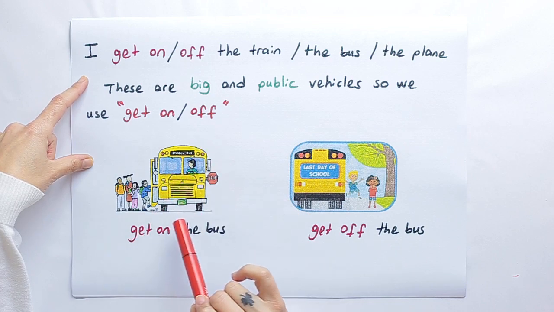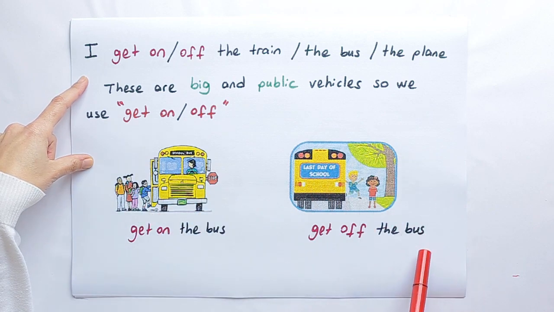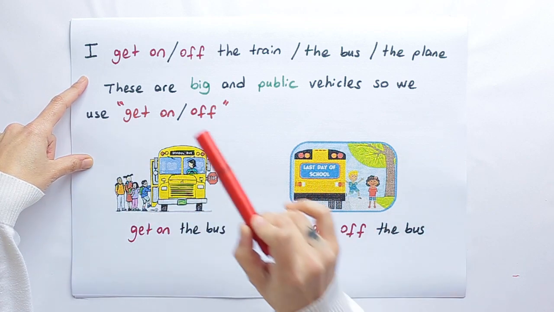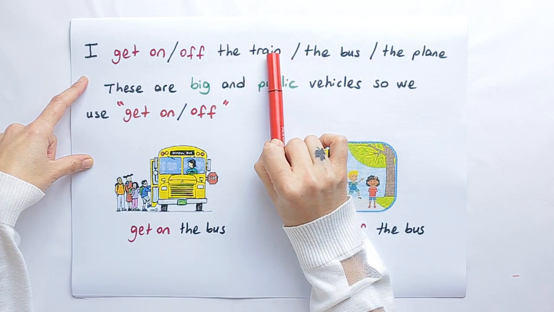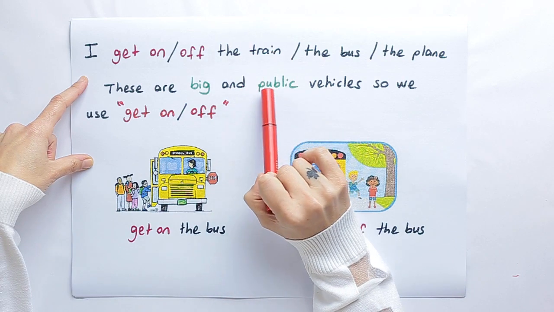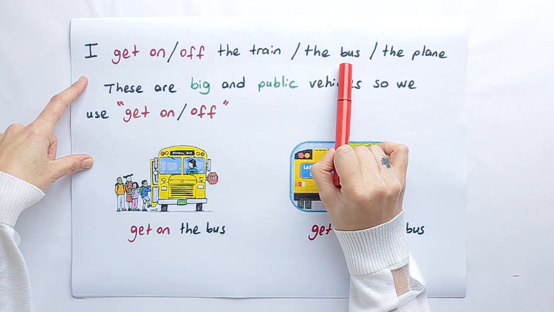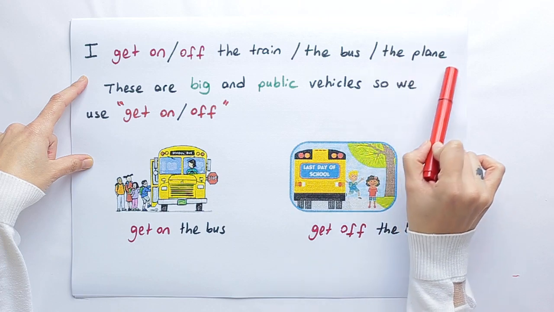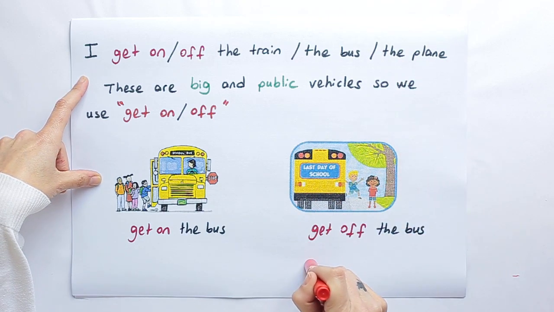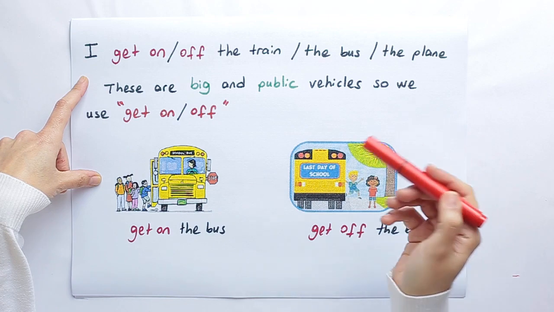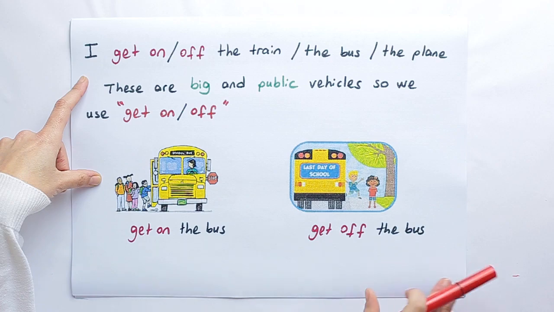I get on the bus. I get off the bus. I get on the train. I get off the train. I get off the plane.